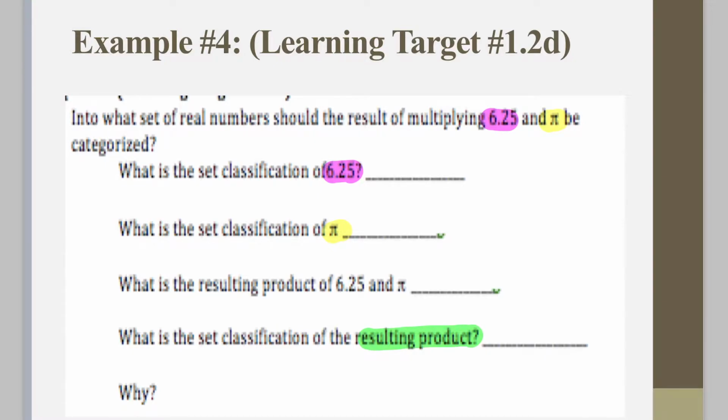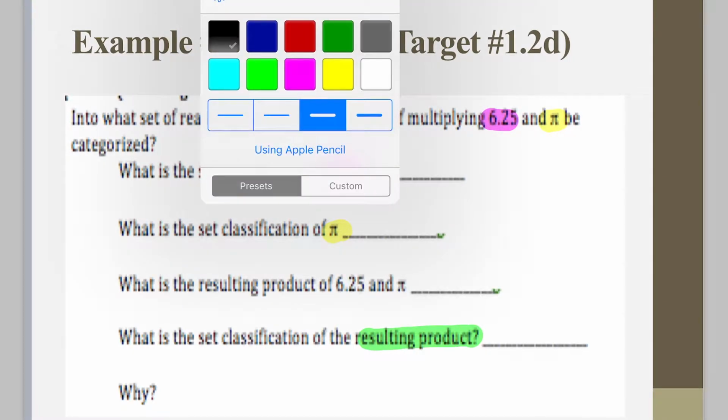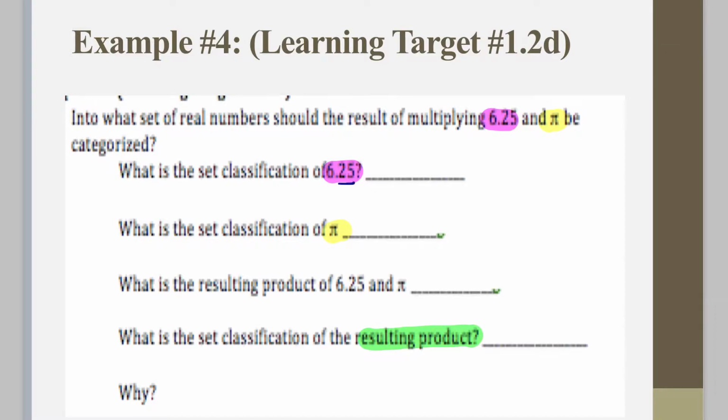And so looking at 6.25, we can quickly conclude that the 0.25 terminates. The decimal does not continue. It stops at the 5. And so because it is a terminating decimal, we can conclude that 6.25 is a rational number.